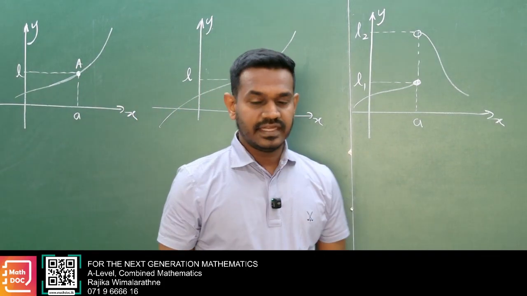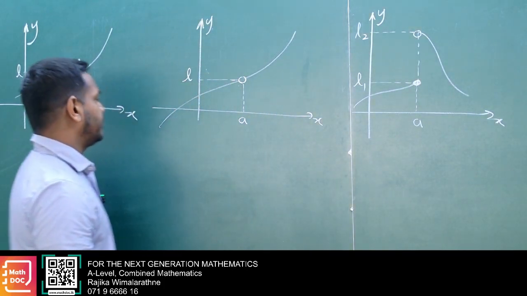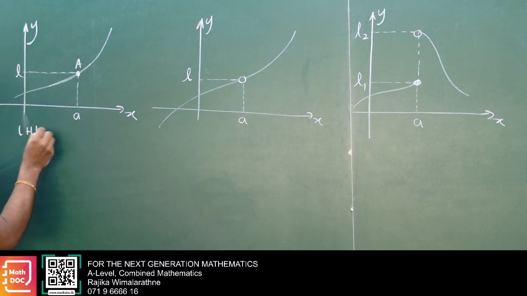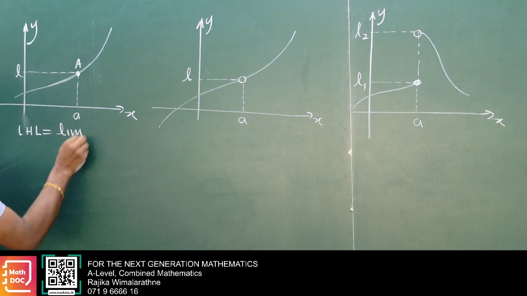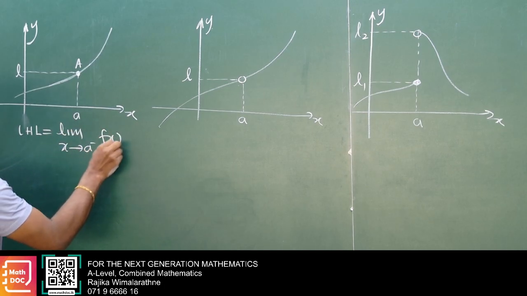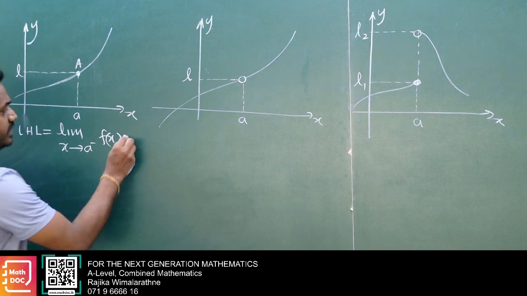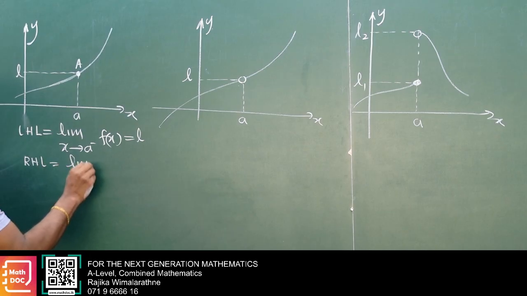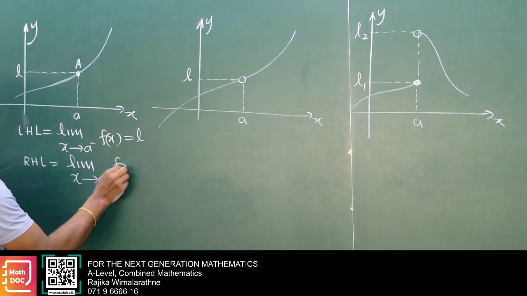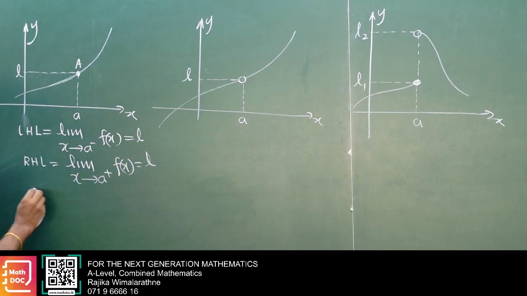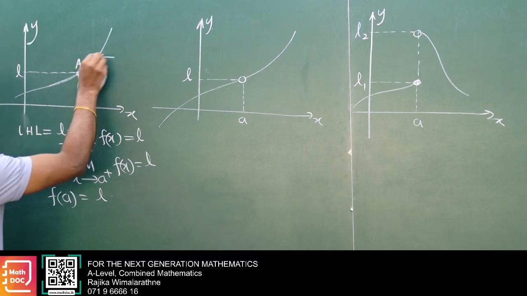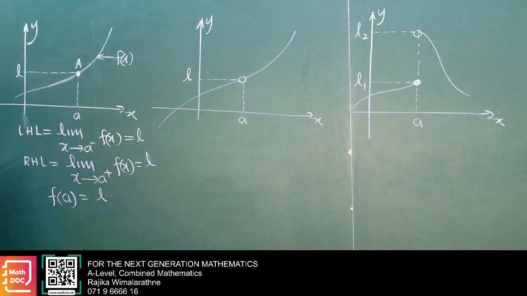Now let's write this way. Here the left hand limit, limit as x goes to a minus of f(x), write with me, say L. Right hand limit, x goes to a plus of f(x), equal L. f(a) also L. Here the function f, f(a) equal L. Here 1, 2, 3.